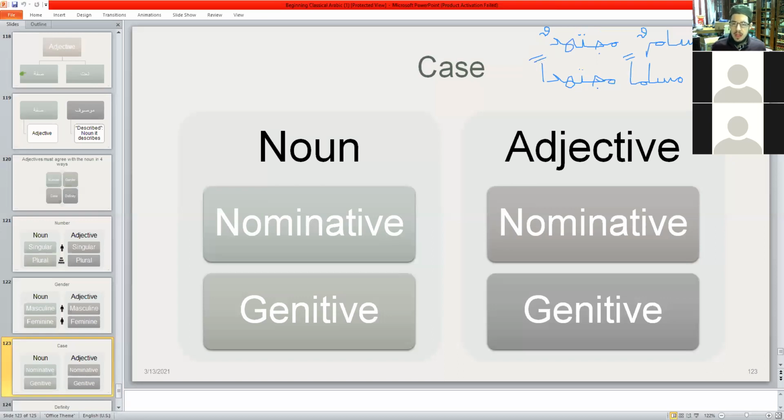If I wanted to give an example in the genitive case, we'll use another verb that we haven't studied yet. Pardon me for that. Marartu, which means I passed by, bi, let's just keep it all the same, muslimin mujtahidin.